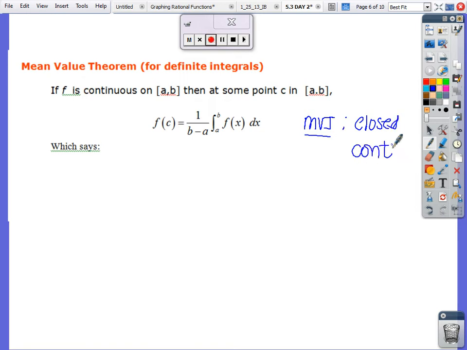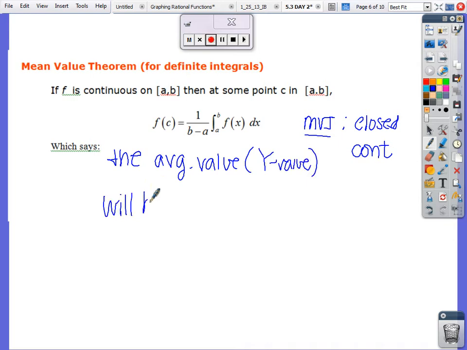What it says is the average value, which is a y value, will be within the interval a to b.